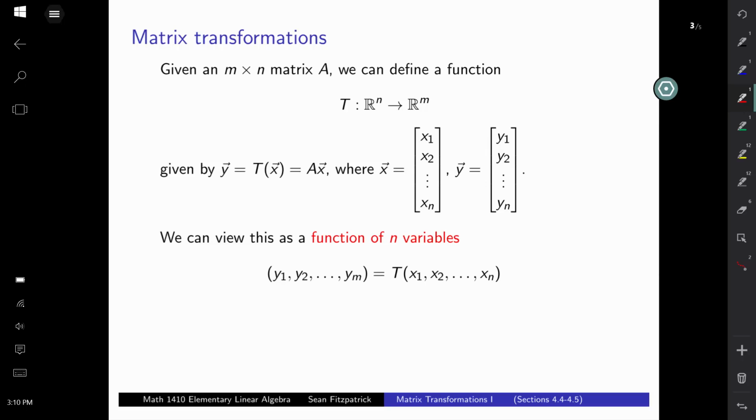Okay, just to recap, we can do this generally. We think of this T as a function. This is a linear function. So it takes vectors in Rm. We want to think of these as spaces of vectors.